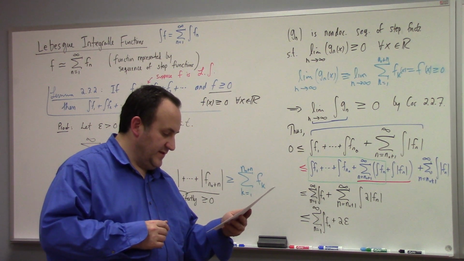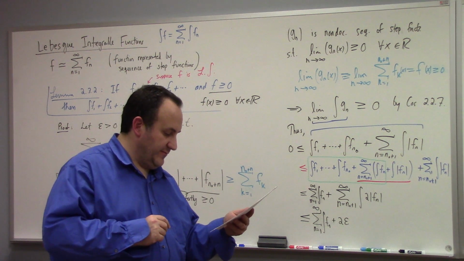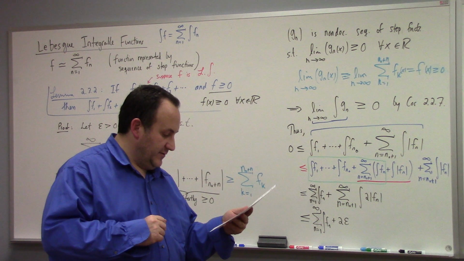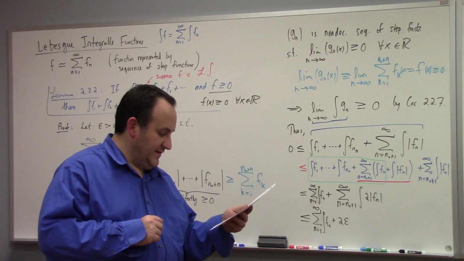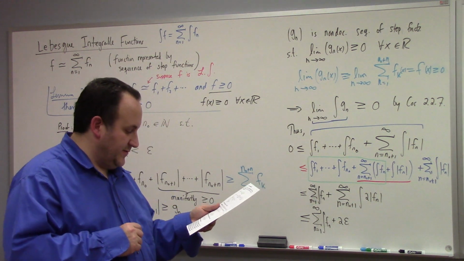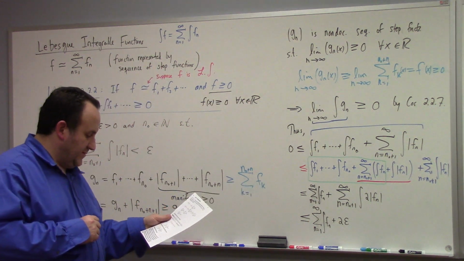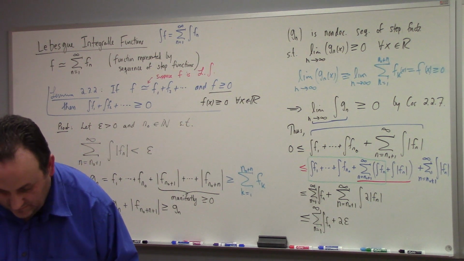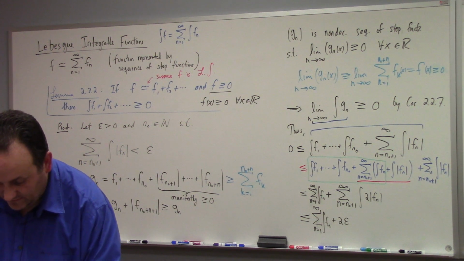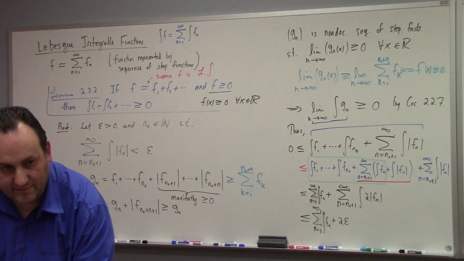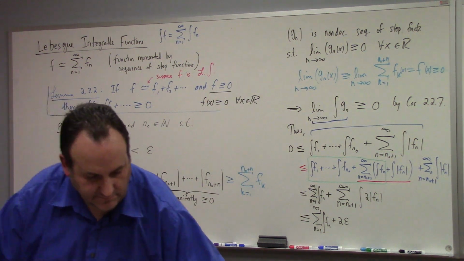He says it can be proved in section 2.10 that every Riemann integrable function is also Lebesgue integrable, and that both integrals are equal. The space of all Lebesgue integrable functions on R is denoted by L1R. In the remainder of this book, Lebesgue integrable functions are simply called integrable. So by default, integrable in this book from here on out means Lebesgue integrable. So if he wants to talk about Riemann integrable, he's going to say Riemann integrable, right?